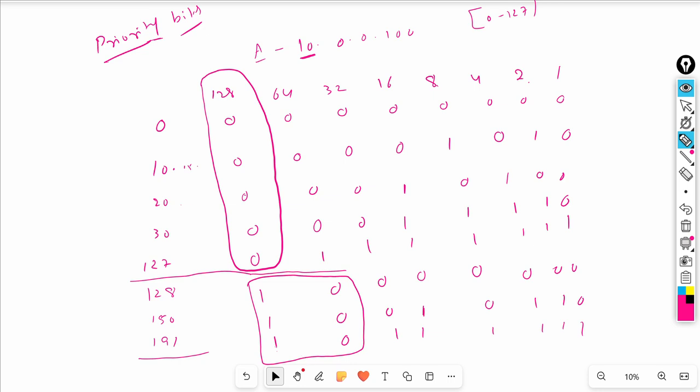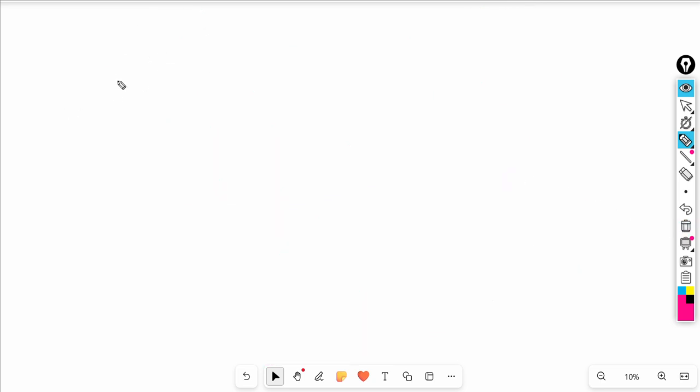I will convert some numbers for class C. In class C, I am taking 192, 200, and for example 223, the last. Convert these numbers: 128, 64, 32, 16, 8, 4, 2, 1. 192 is 128 plus 64, and the rest are zeros.